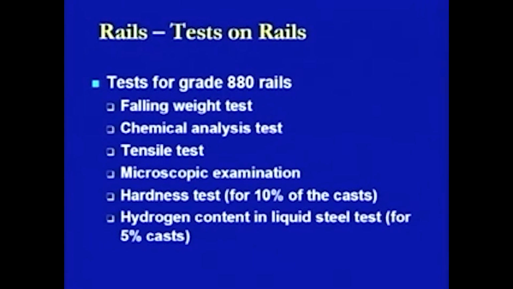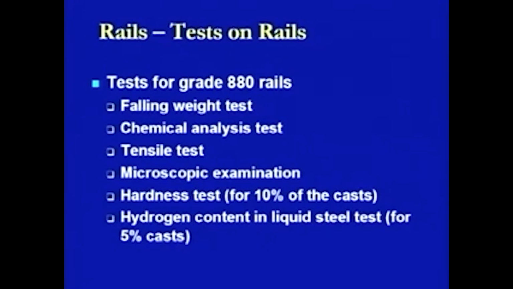In the case of 880 rail grade, there are some more tests other than the falling weight test, chemical analysis test and the tensile test. They are microscopic examination, wherein the microscopic examination helps you to identify the total process by which that rail section has been manufactured, and if there is any flaw in that, then it can be found out.